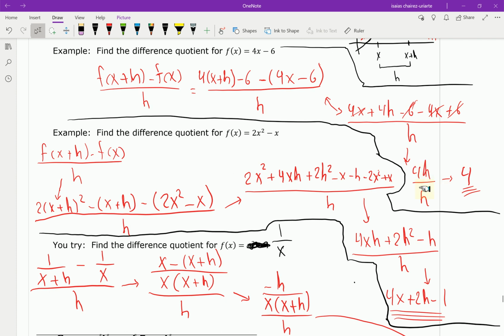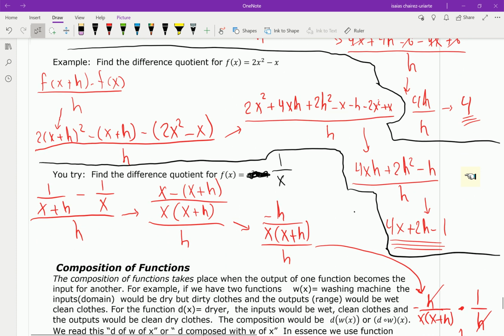And since I'm doing division here, the h's also cancel, and I get 4. 4 is the most simplified form of my difference quotient for this function. In Calc 1, what you'll discover is that the derivative of this function f of x is just 4, whatever that means right now. All right, so hopefully you agree with my steps in there, and let me move on to the next example.